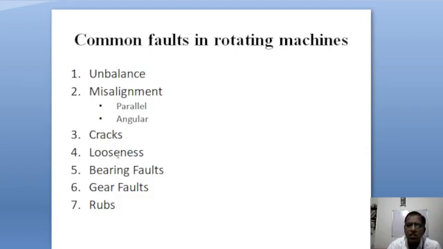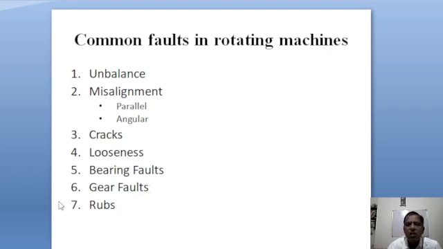Looseness is related to bearings or gears or foundation. Bearing faults are related to bearings, which include inner race damage, outer race damage, rolling element, cage, etc. Gear faults are categorized as crack, spalling, or broken tooth.